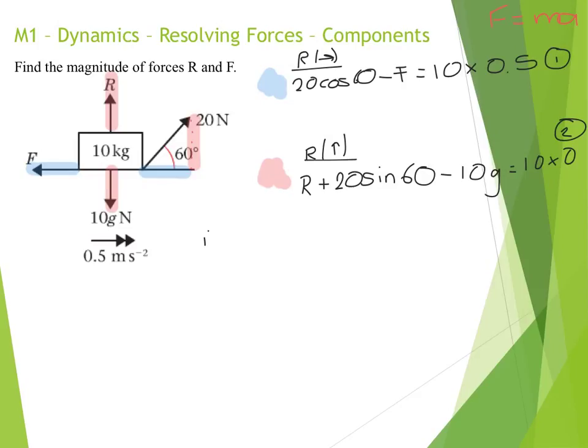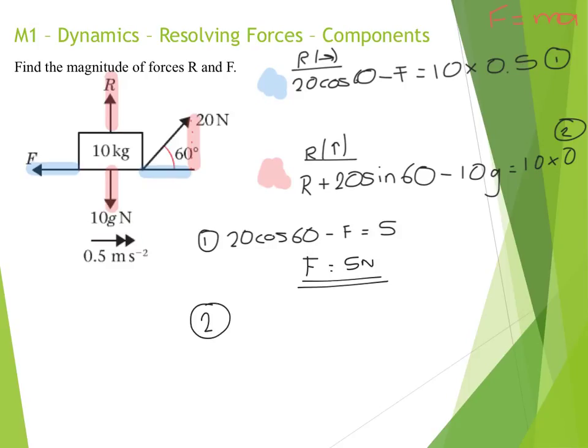So I'll start off with equation 1. I'll simplify it a bit. So I've got 20 cos 60 minus F equals 5. And I can solve that by rearranging, giving me that F is equal to 5 newtons exactly. Now I'll deal with R, so I'm going to do equation 2, simplify that as best I can.